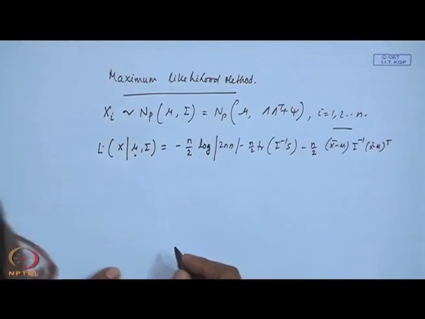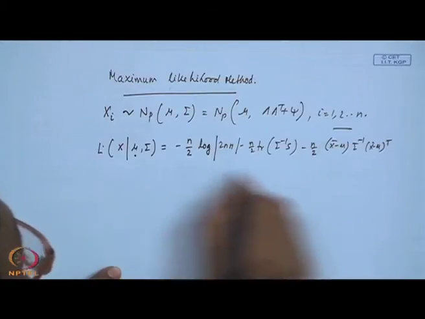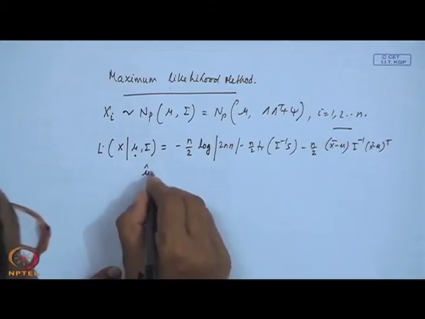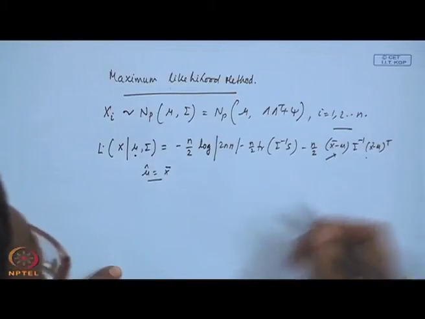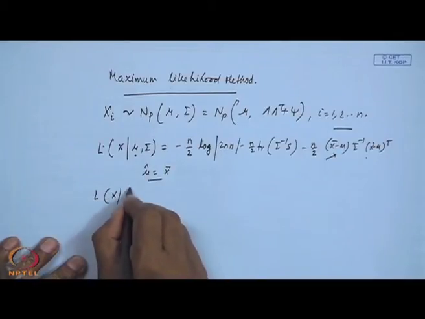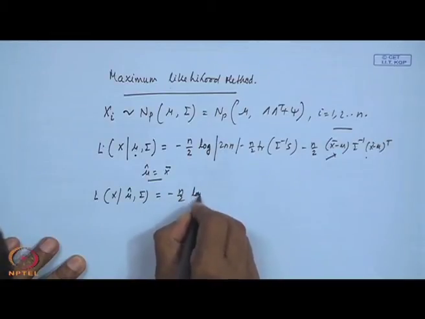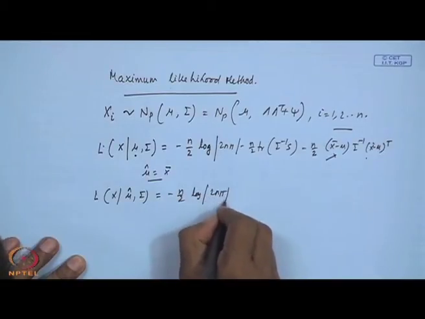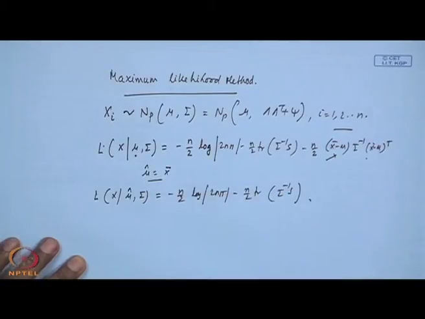Okay. Now, what will happen when you estimate mu cap as x bar? If you put it here, this will become 0. So then your likelihood of mu cap, sigma will be minus n by 2 log 2 pi, n by 2 trace of this sigma inverse this.